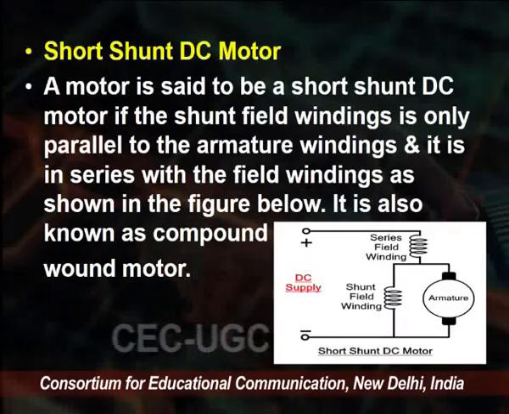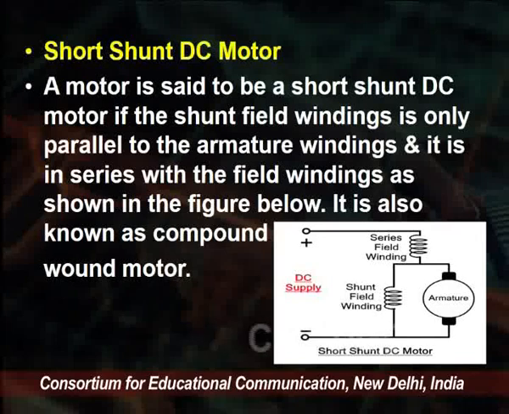Short shunt and long shunt DC motors are explained as follows. Now what is a short shunt DC motor? In this type of motor, if the shunt field winding is only parallel to the armature winding, then it is in series with the field windings as shown in the figure below.